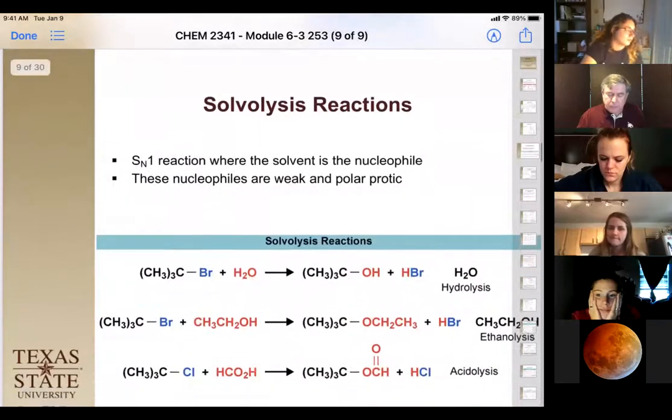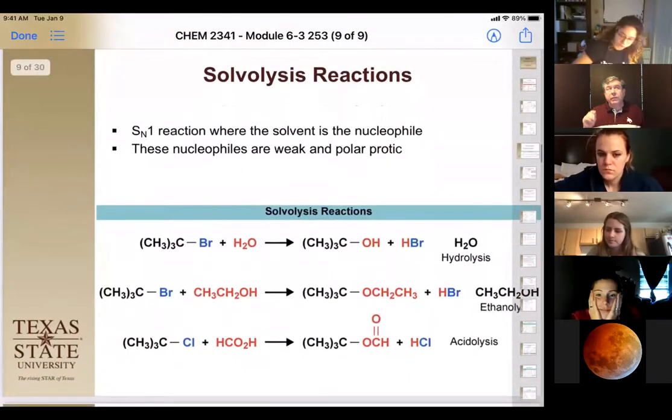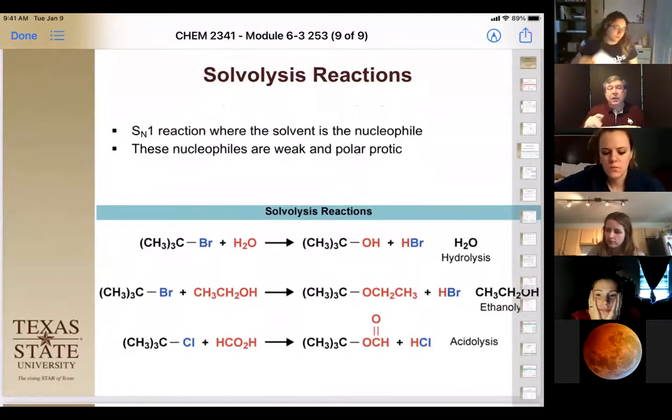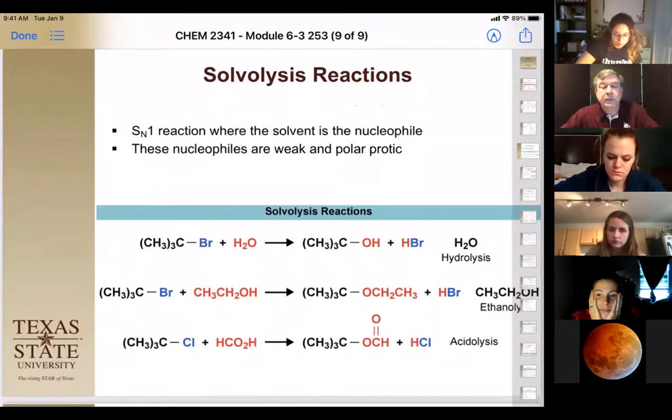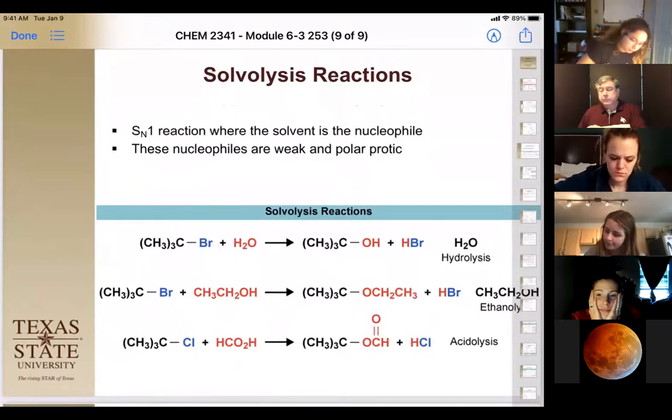Okay, so if solvent played a role in SN2, does solvent play a role in SN1 reactions? And the answer is yes. We want it to be able to support that carbocation.